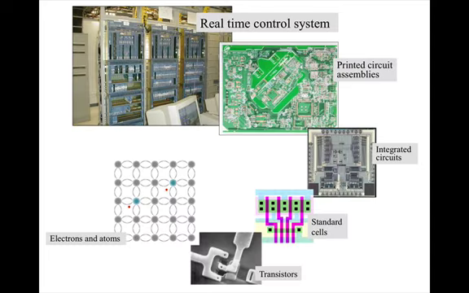As we discussed in the first lecture, the physical resources of an electronic system are arranged in a hierarchy of modules. The modules at different levels are printed circuit assemblies, integrated circuits, standard cells, transistors, and sometimes we even have to be able to understand transistors in terms of the behavior of electrons in a regular array of silicon atoms with occasional impurity atoms.